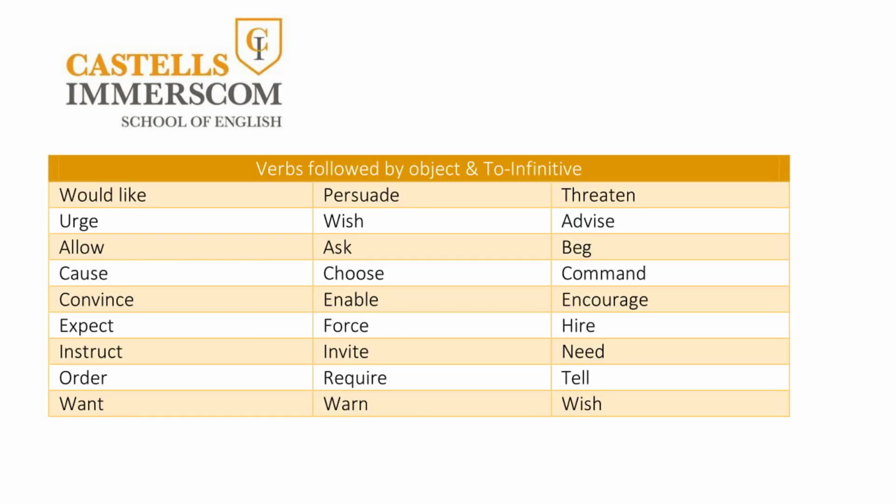So now that we have clear what these objects are, let's take a look at some of the verbs that use this structure, verb plus object plus to infinitive. Okay, so the first one is would like, me gustaría. Urge, which is urgir. Allow, permitir. Cause, causar or provocar.